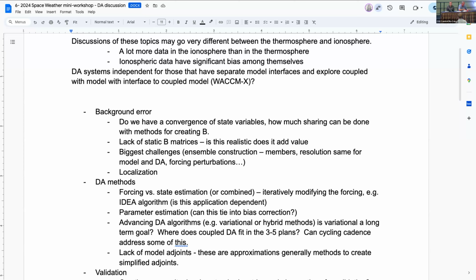Yeah, the ensemble construction, that's the huge one. And I think that for the years to come, as long as we're going in the ensemble direction, we're going to be discussing, everyone, how to build and how to construct it to get enough variance everywhere that you want and everywhere that you need.